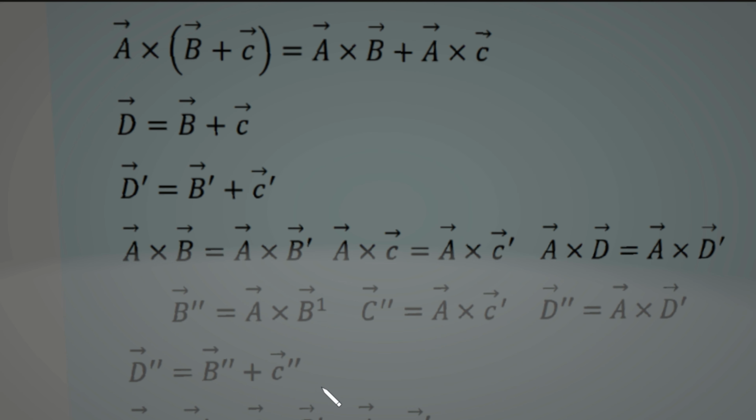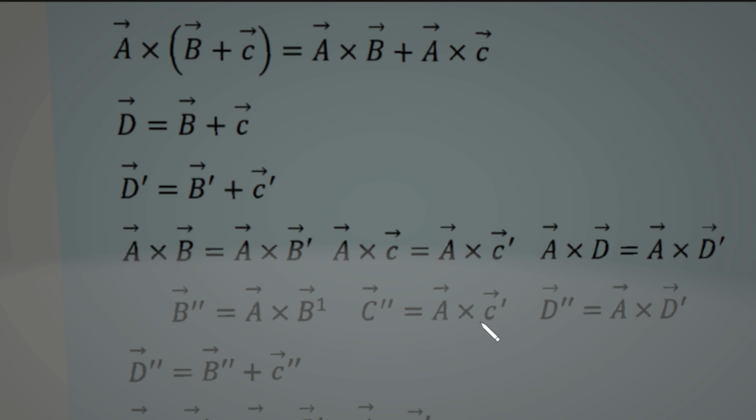So according to the parallelogram law of vector addition, we can write D double prime bar is equivalent to B double prime bar plus C double prime bar, because B double prime bar is the resultant of A bar and B prime bar. B prime bar is the component of B which is perpendicular to A bar.